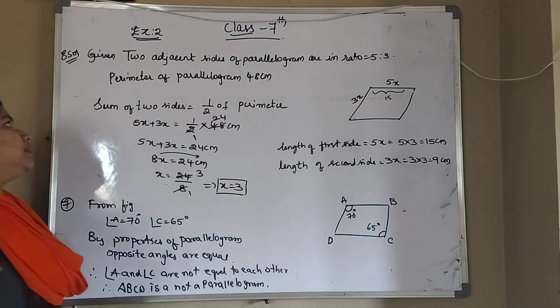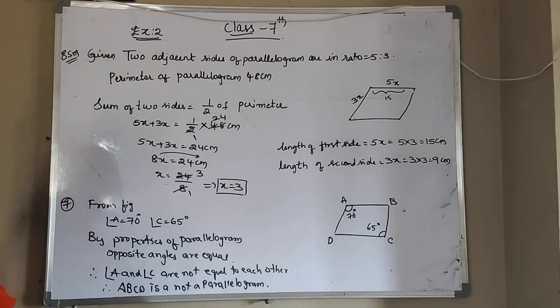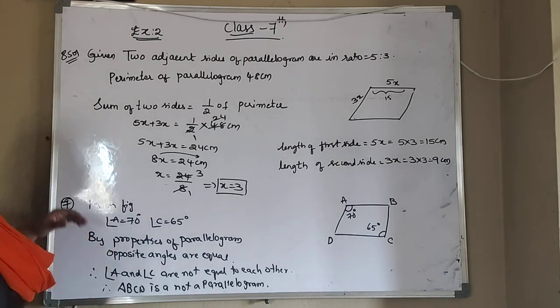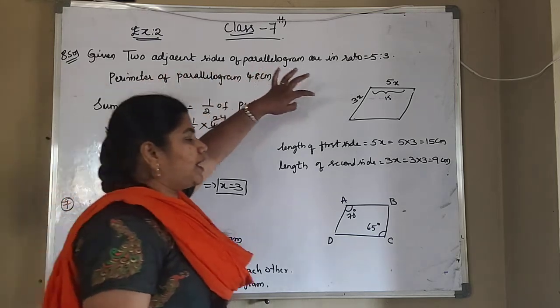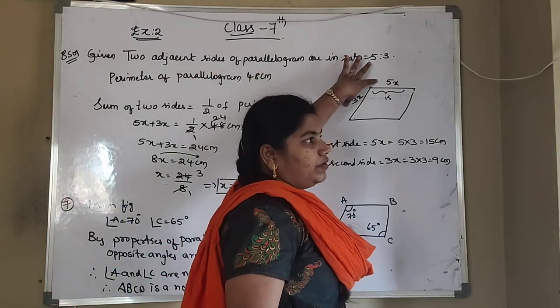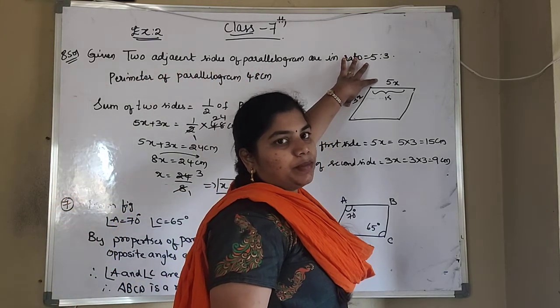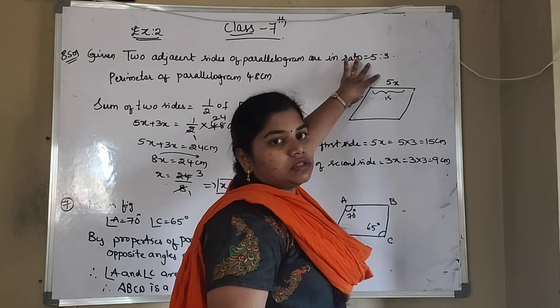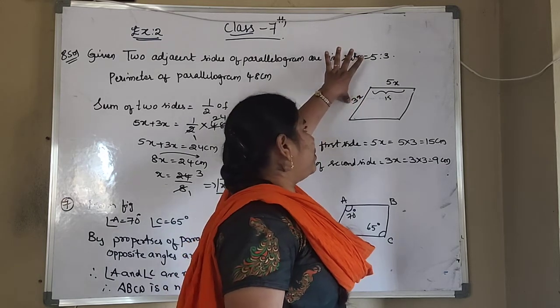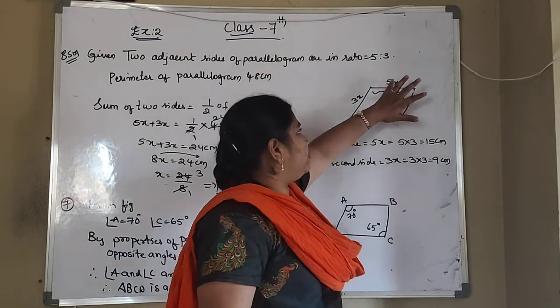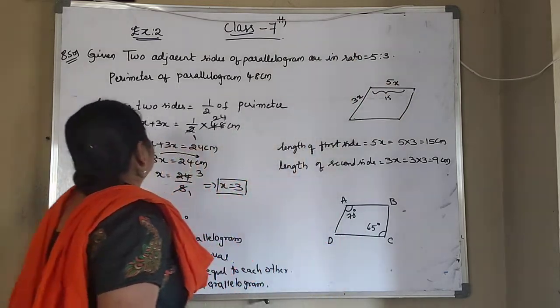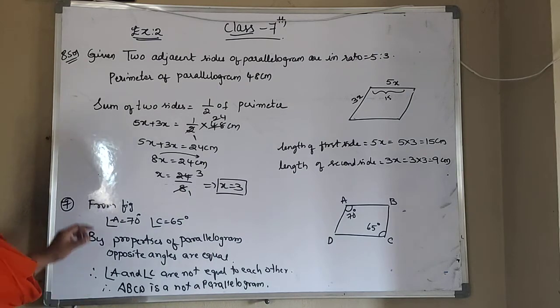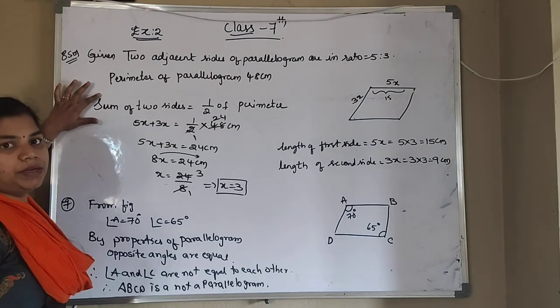So once again, given two adjacent sides of a parallelogram are in ratio 5:3. So these two sides are in the ratio of 5:3. Ratio is nothing but multiples. The answers will be in the form of multiples of 5 and multiples of 3. So I have taken 5x and 3x. They have also given the perimeter of the parallelogram as 48 centimeters.